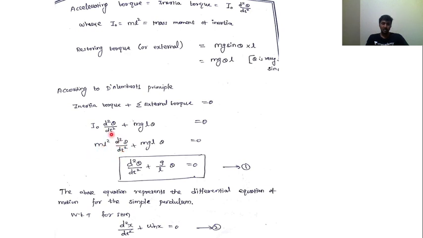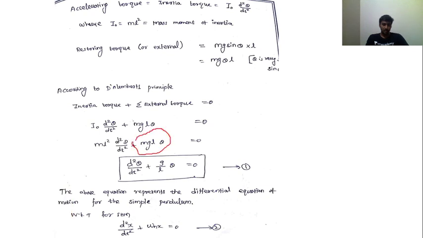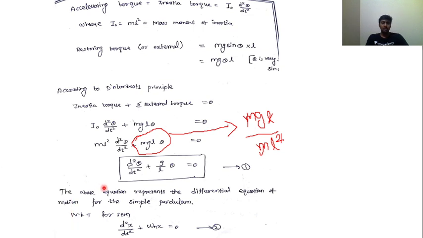So m L square divided by m L square cancels. Coming to the other term, mg L divided by m L square: m cancels, L and square cancel, leaving g divided by L. The above equation represents the differential equation of motion for the simple pendulum.